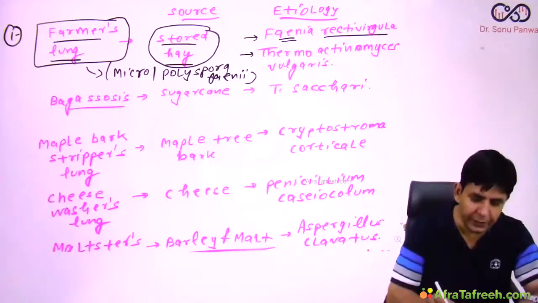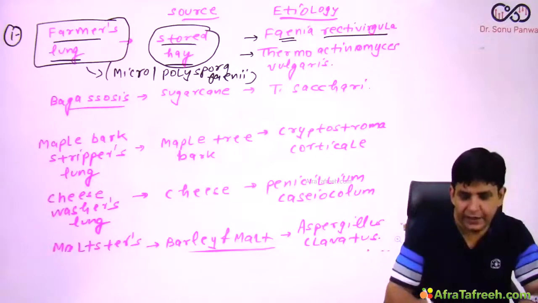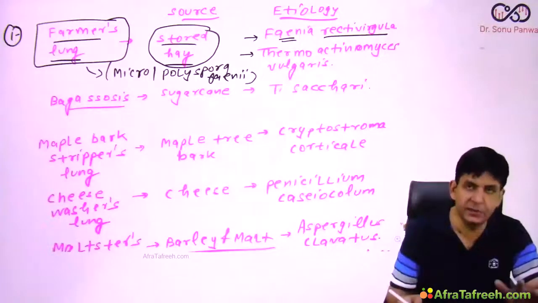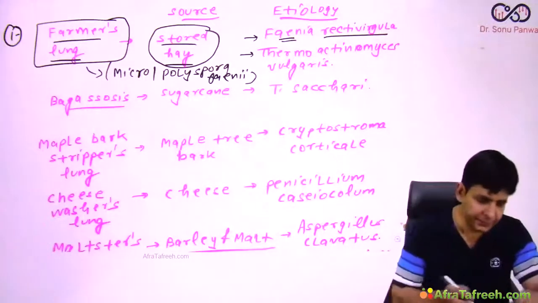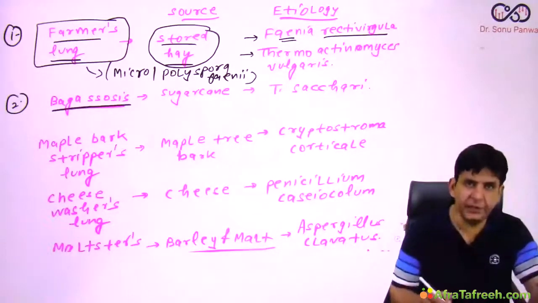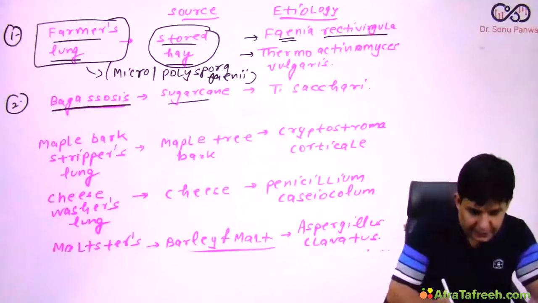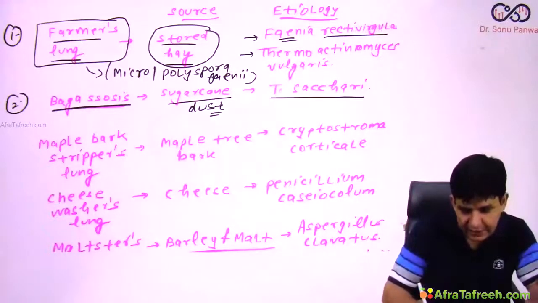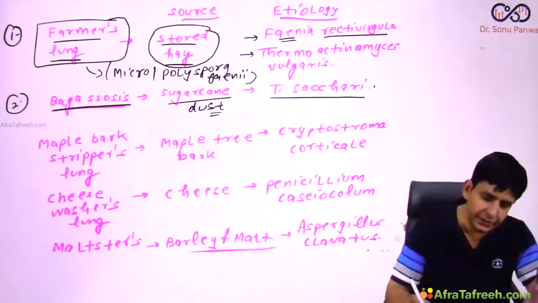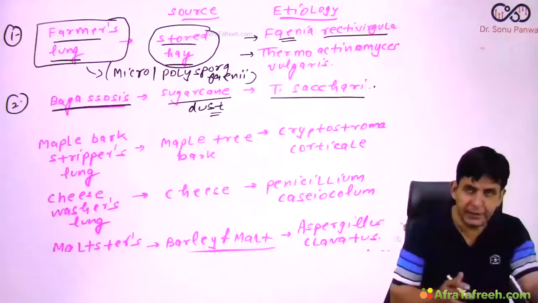So Micropolyspora faeni along with Faenia rectivirgula and Thermoactinomyces vulgaris cause farmer's lung. Second one is bagassosis, associated with sugarcane dust, and the causative organism is Thermoactinomyces sacchari. So remember sacchari, sugarcane, bagassosis.